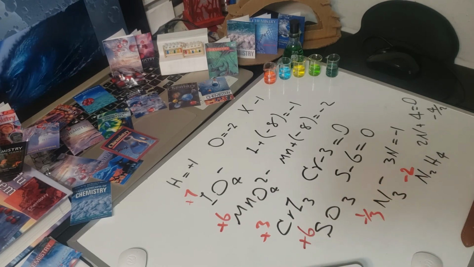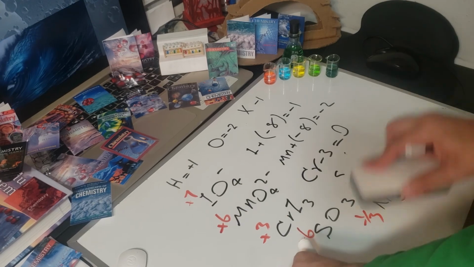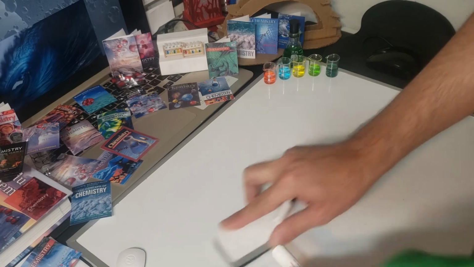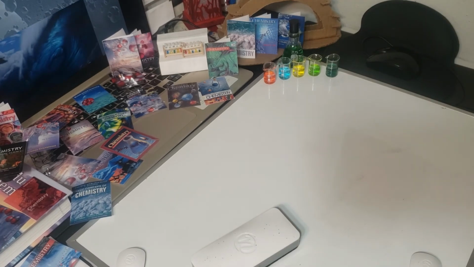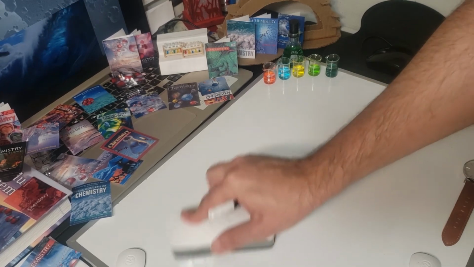Okay, let's see if I have more time. I could do maybe a couple more examples here to make sure that you kind of know what to do. Let's do it real quick, and then that would be it for the oxidation states today.